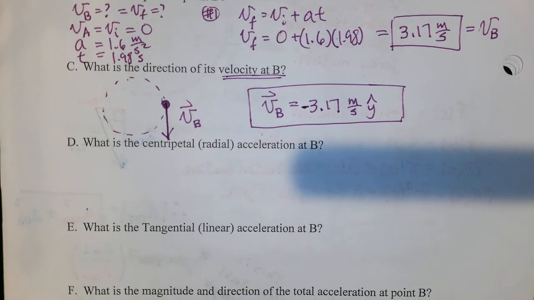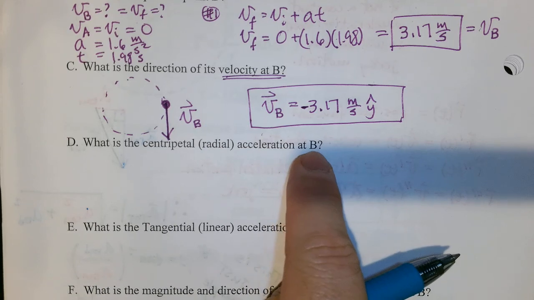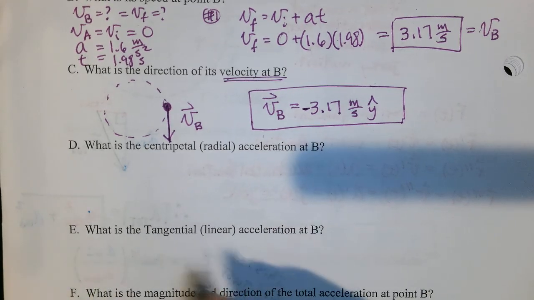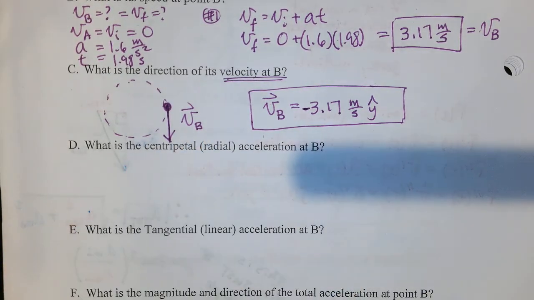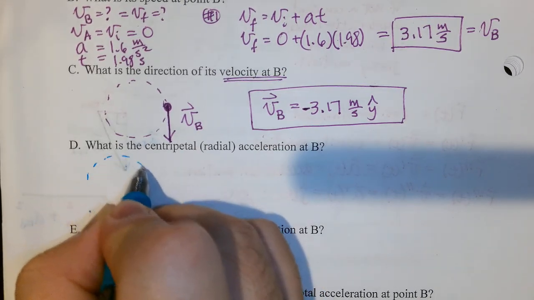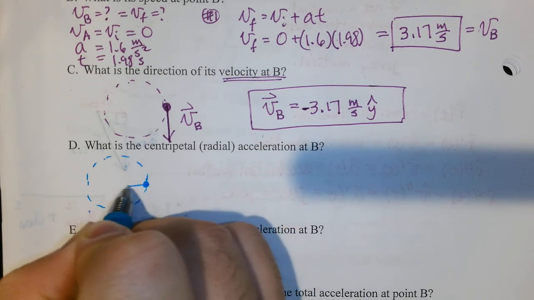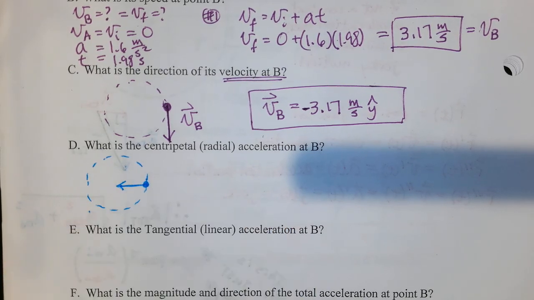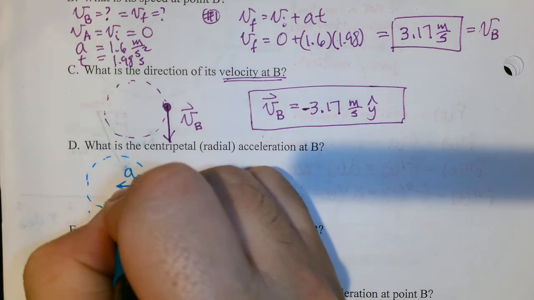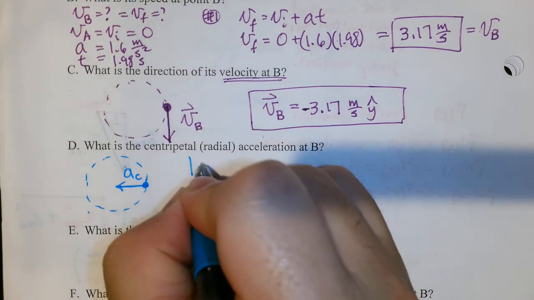D. What is the centripetal or the radial acceleration at B? Well, the radial acceleration will be in towards the center. That's my A_c.